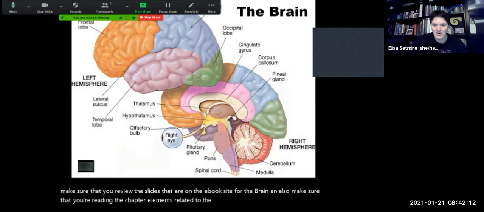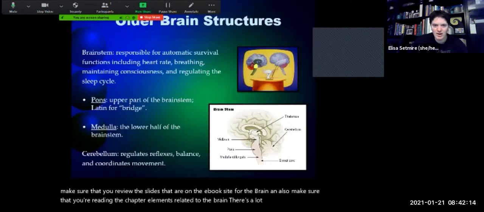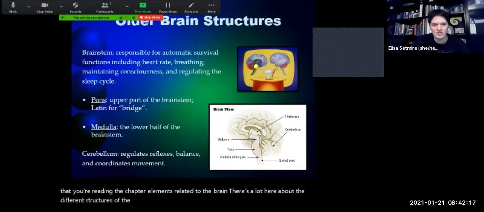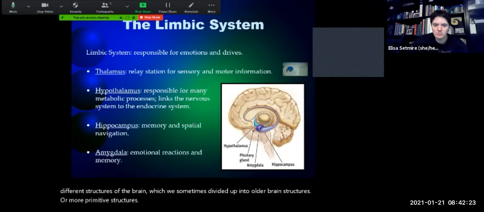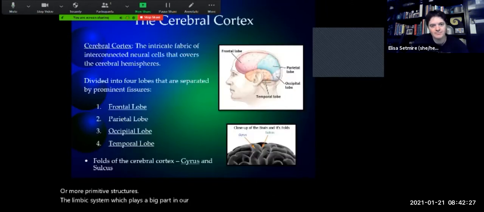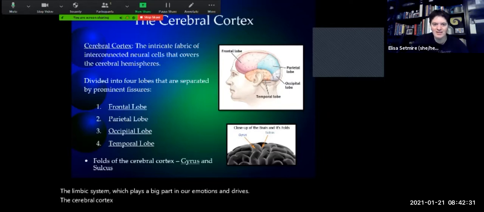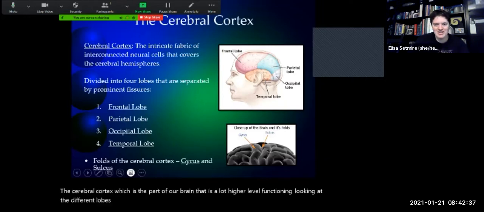There's a lot here about the different structures of the brain, which we sometimes divide up into older, more primitive structures. The limbic system plays a big part in our emotions and drives. The cerebral cortex is the part of our brain that does much higher level functioning, looking at the different lobes of the brain, which you'll see on the study guide, and where they are and what they're in charge of.